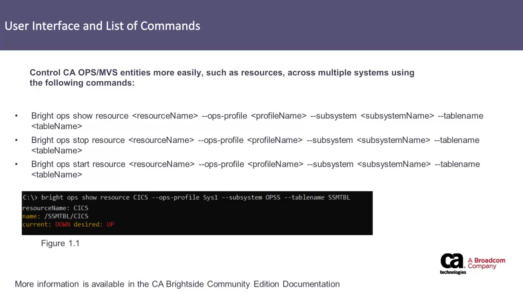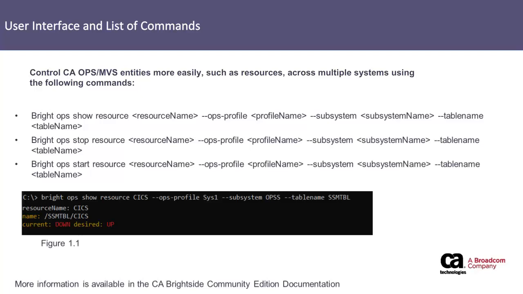Each command follows an analogous format where the resource name parameter contains the desired resource name. For each command, the profile parameter is optional as long as a default profile is allocated within the machine.